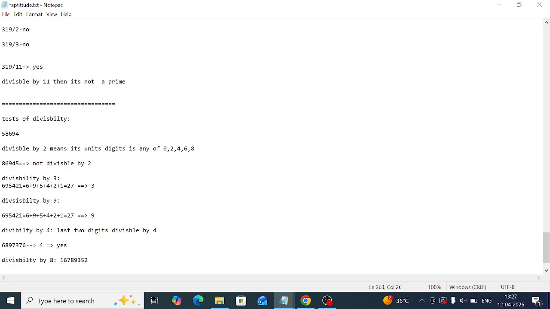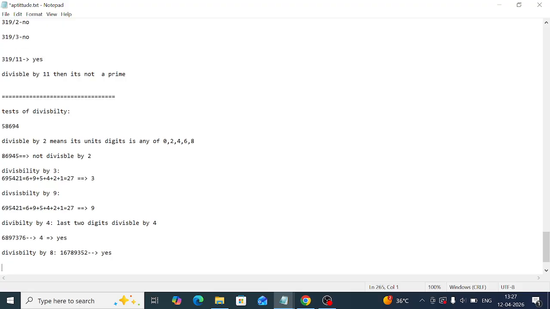So it is divisible. So for 4 we check the last two digits, and for 8 we check the last three digits. For 9, the sum of the digits, like 3 also. For 2, the last units digit should be 0, 2, 4, 6, 8.